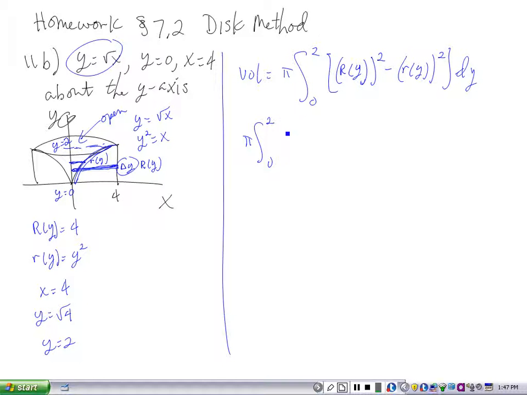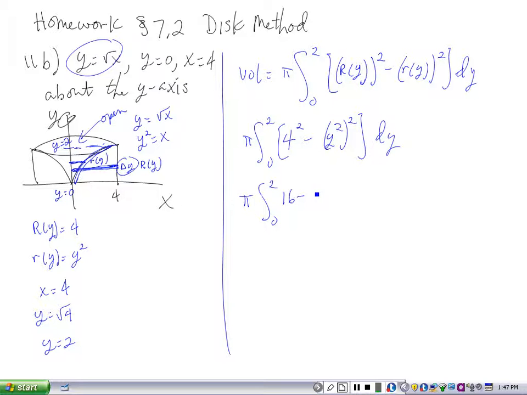The big radius we said was 4. So this is 4 squared minus the little radius, which is y squared. That guy is squared dy. So we integrate here. We have pi times, to simplify that some more, 0 to 2.